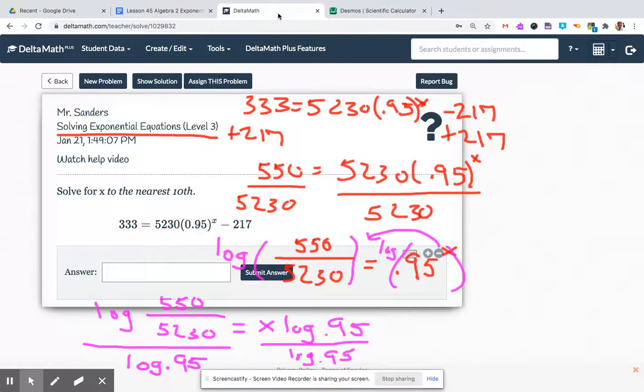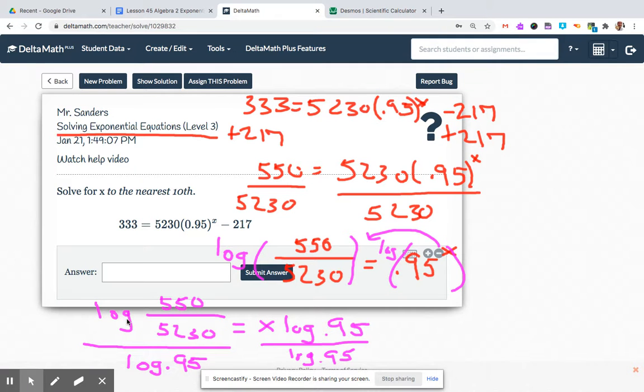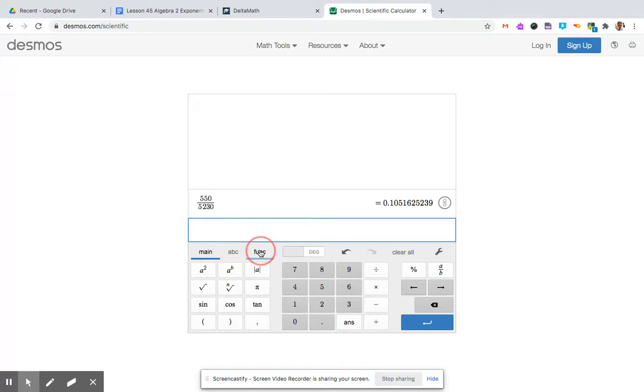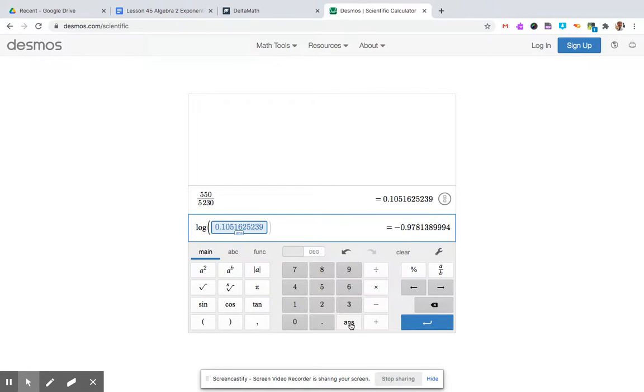Okay, at the bottom of Desmos.com is the scientific calculator. So the first thing I'm going to do is 550 divided by 5,230. All right, so there's that number. I would say enter. Now that's my answer right there. So I'm going to do log base 10 of that answer.